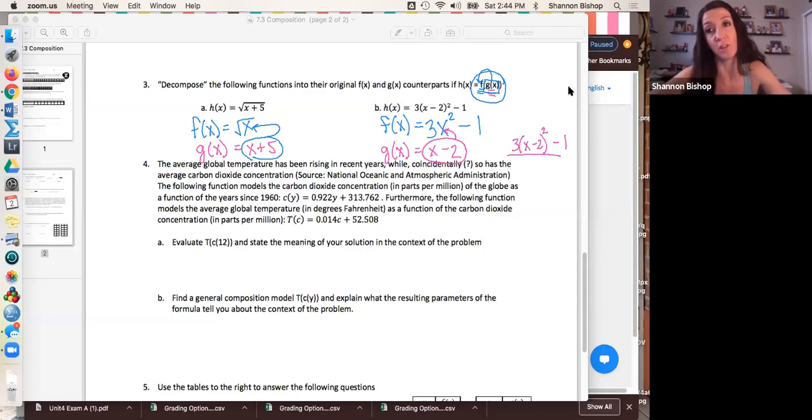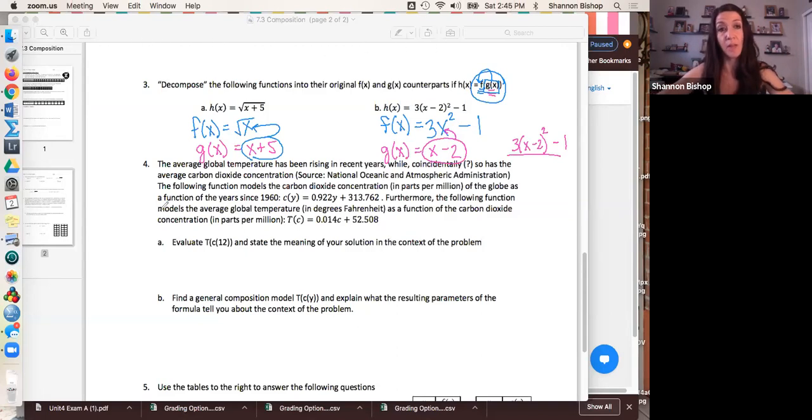So you have to ask yourself, where could I strategically put my variable and what else should be around it so that when I replace that variable with this other creature named g, it will have the structure that I want it to have. Now I know trial and error is not a student's favorite option, but on these, you just kind of have to play with it. It takes a little bit of practice, and you just kind of have to play with it to see how it works out, okay? All right.